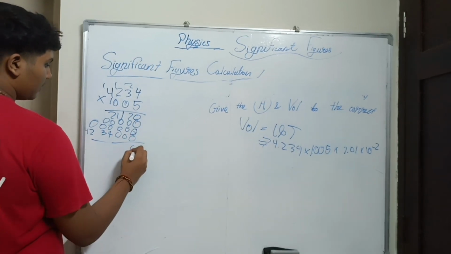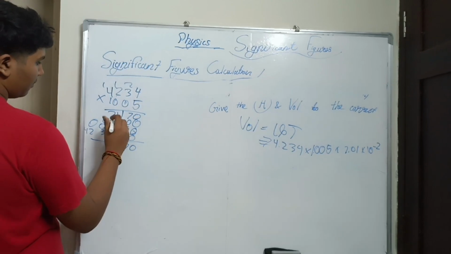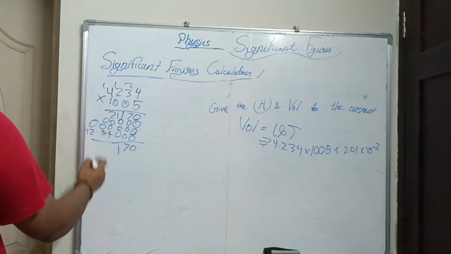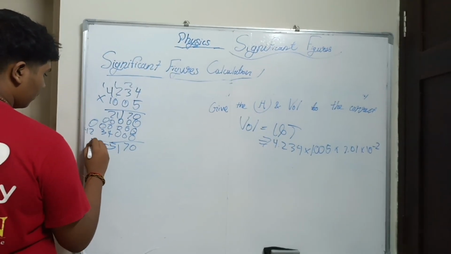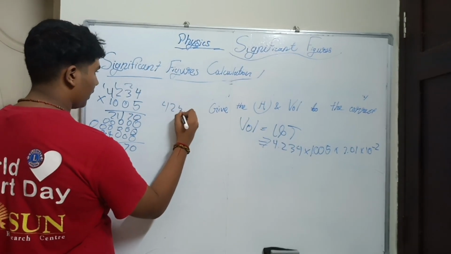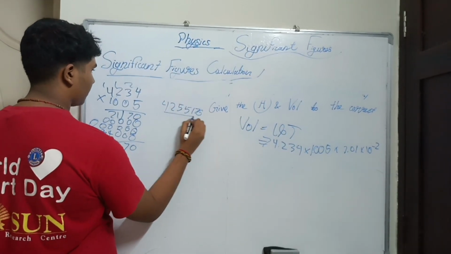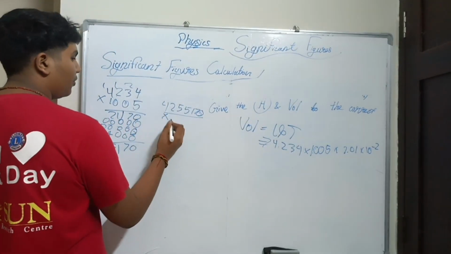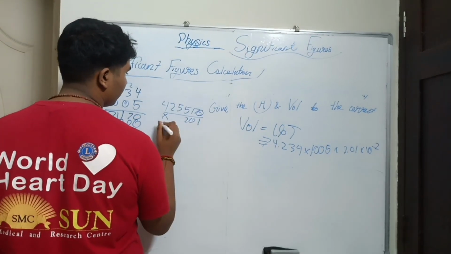So you add them and you get 4255170. Hope everyone got that? That into 201.